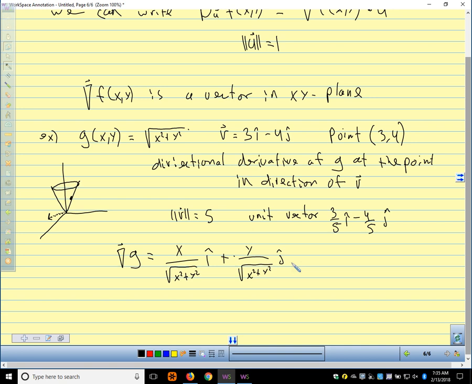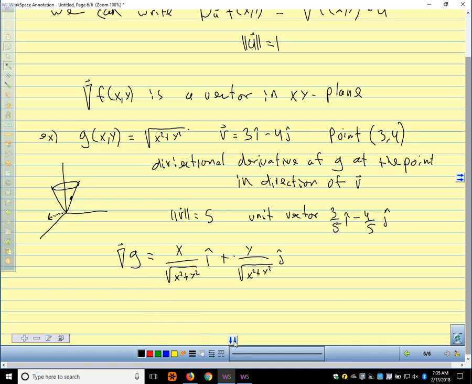I just want to think forward a little bit. We're going to be doing a lot of stuff with this. What would be a really nice coordinate system to use here? Polar, or cylindrical in 3 dimensions, because this is just r. So keep that in the back of your head. This derivative shows up a lot because these surfaces show up a lot.